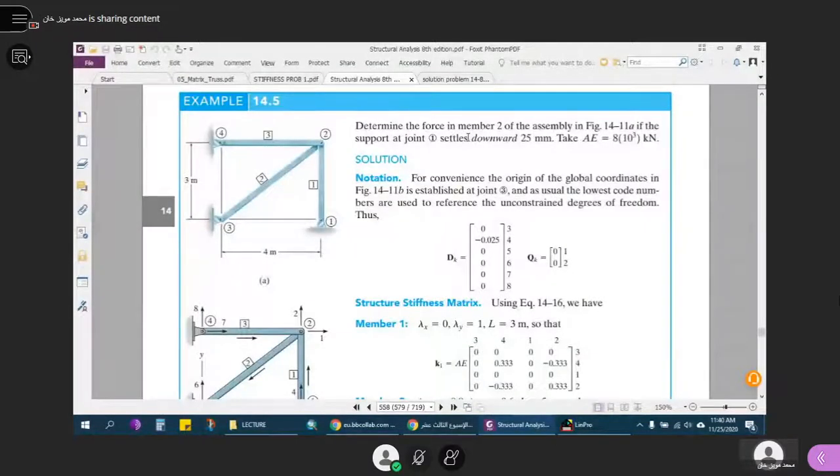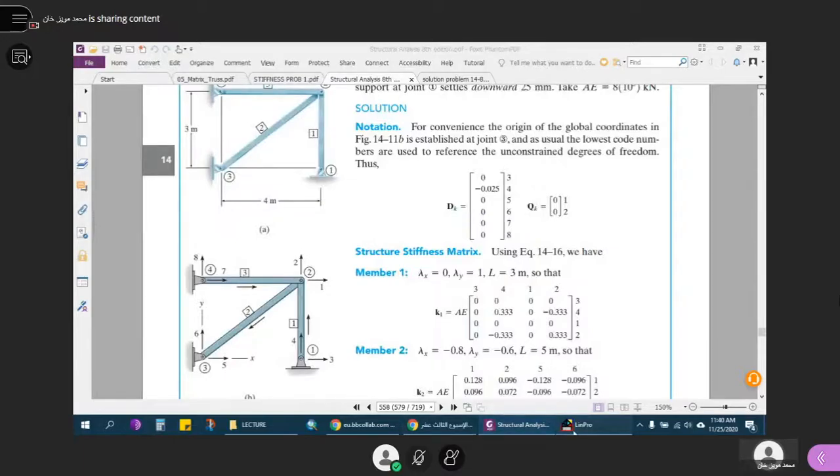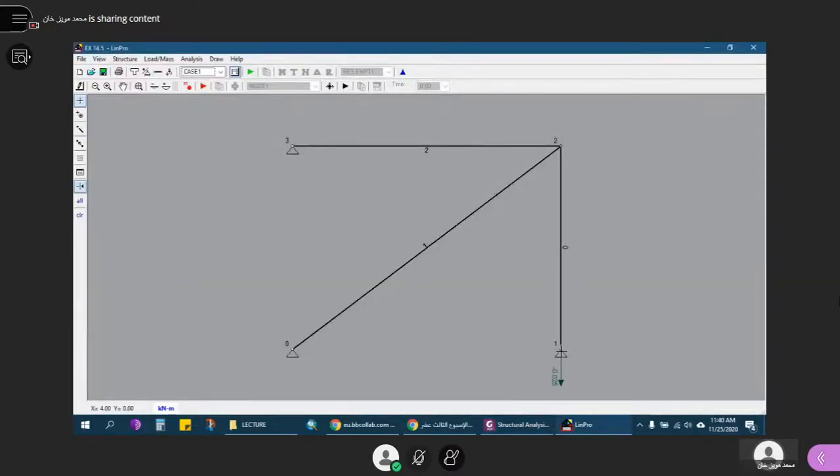Determine the force in member 2 of the assembly if the support at joint 1 settles 25 mm, where the value of A is 8,000 kilonewton. All right. So now he is asking us to find the force in that. So first you do the modeling of this and assign a settlement of 0.025. Next, as I told you, go to the blue button.